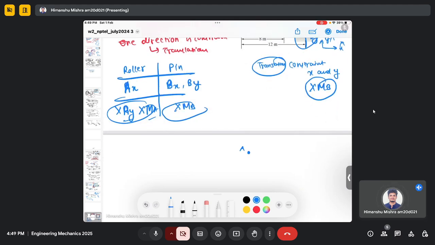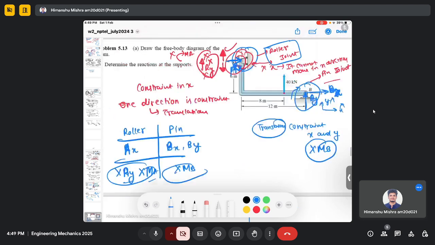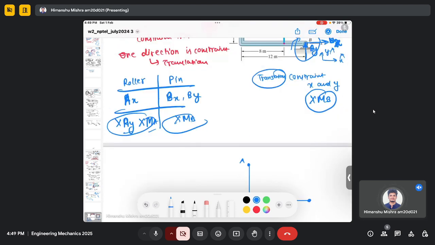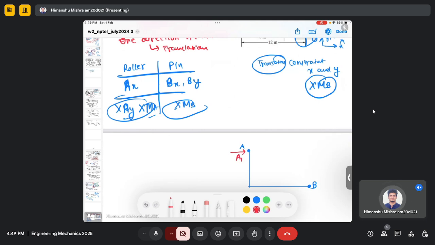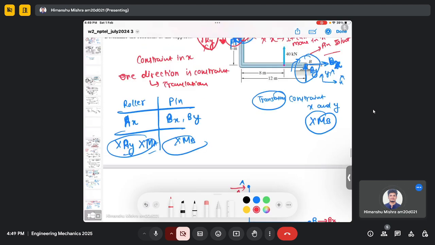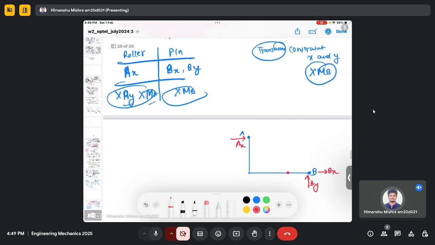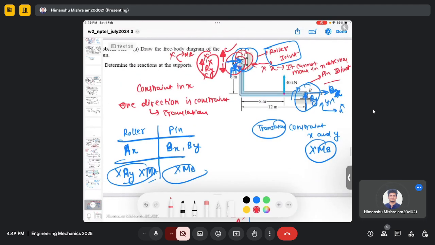So this is point A. This is point B. Here you have Ax, a reaction force. Here you have By, and here you have Bx. Then this is the external force, 40 kilonewton.